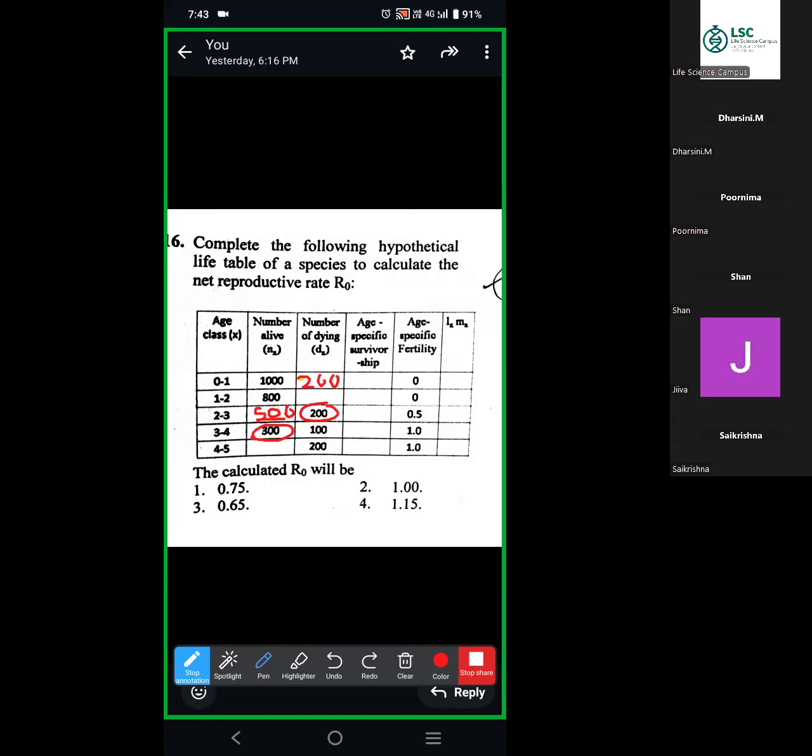Then we can find out the dx in second age class. How to find out dx in second age class? 800 minus 500. It is the right answer.